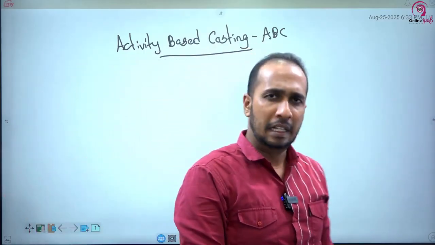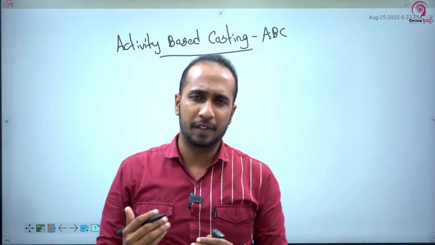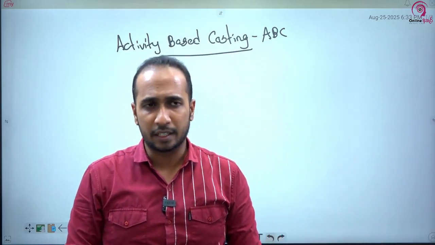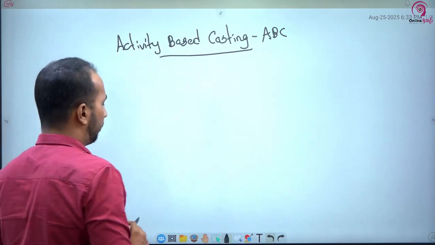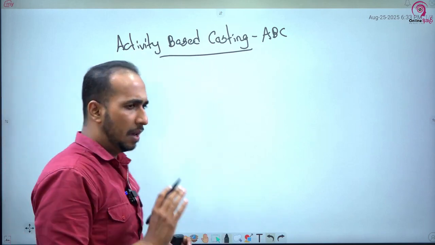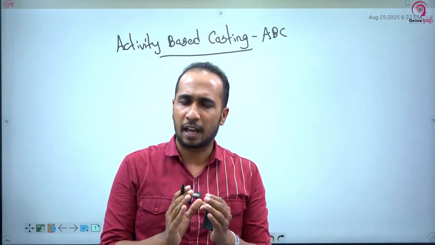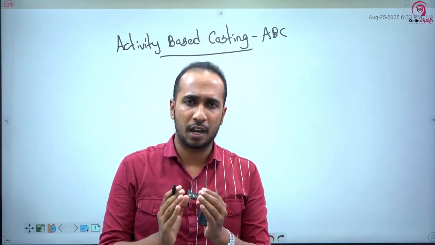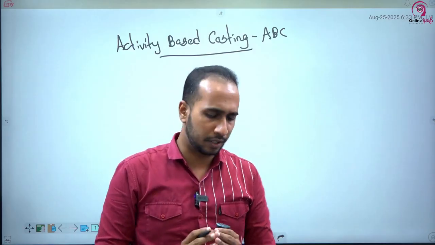I hope you have learned various costing methods, and especially in your previous levels you may have learned what we call absorption costing. I am pretty much sure you have learned absorption costing, and activity based costing has emerged as an alternative to it, right?